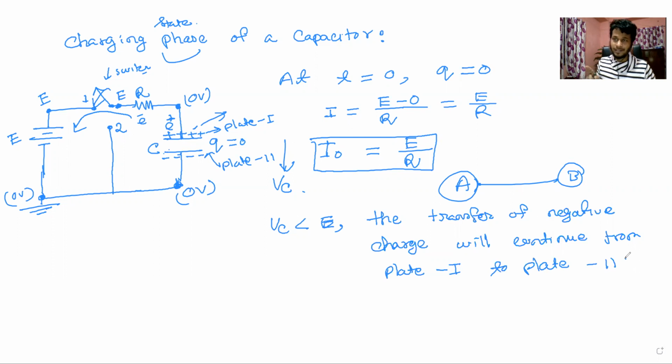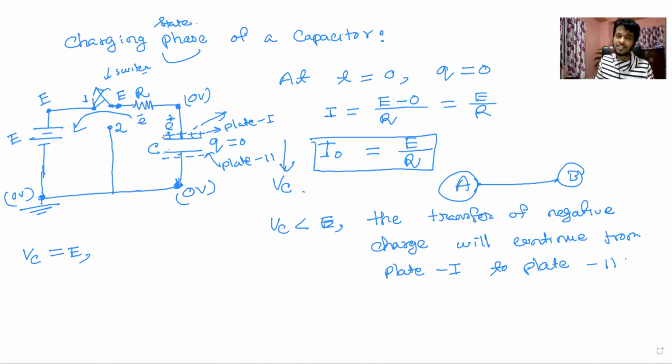But what will happen when Vc will be equal to E? That means when the potential across this capacitor will be equal to the potential of this voltage source, what will happen?